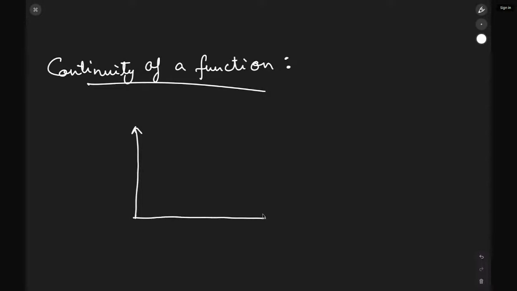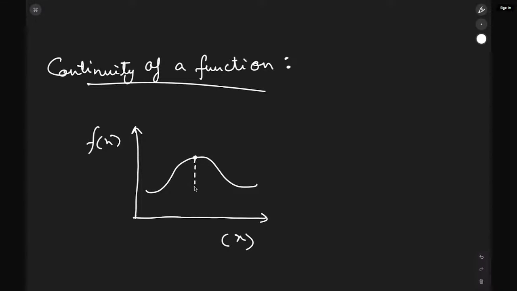In layman's language, a continuous function graph will look as such. If this is f(x) and it is changing with x, then there will be no kink and no break in the graph. It will not be possible for you to draw the graph of all the functions. So in mathematical terms, what does it mean to not have any break or any kink in the graph? Is the graph smooth or not?